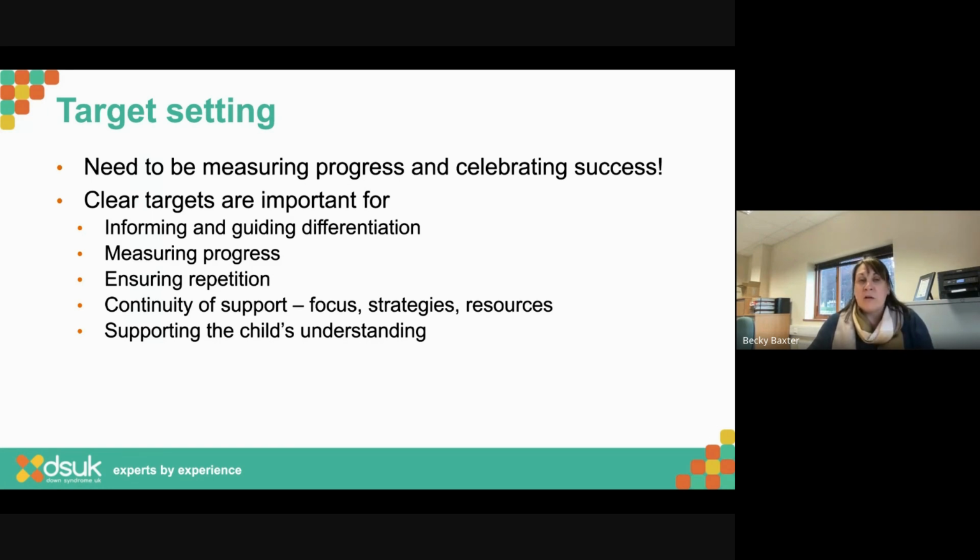If you've got those targets, it can make differentiation much, much easier. When you first start working with a pupil with a particular additional need like Down syndrome, it can feel a bit overwhelming: how am I going to put in enough time? This is taking me forever. But the more you do it, and the more you're guided by targets, the easier and more natural it becomes.